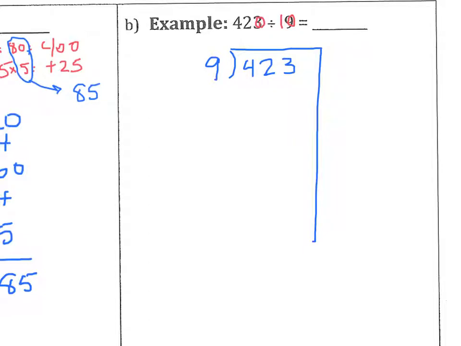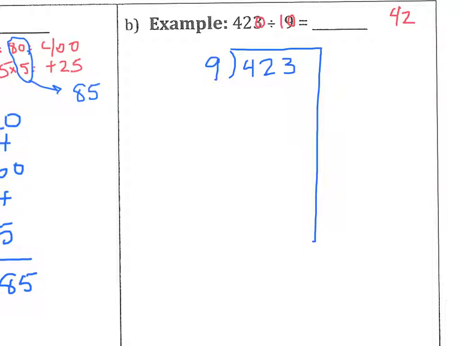So if I was to estimate this, my answer is gonna be somewhere around 42. It's probably gonna be a little bit more because it's not 10, it's 9 actually, but it's gonna be a little bit more than 42, but not too much more. So that'll help me to check to see if my answer makes sense when I'm done.